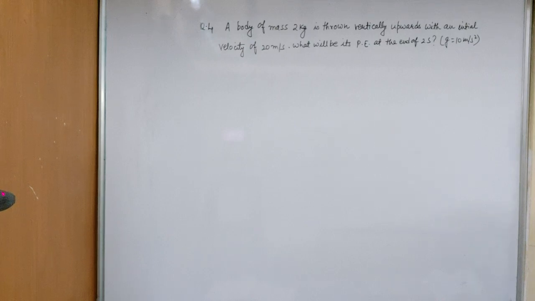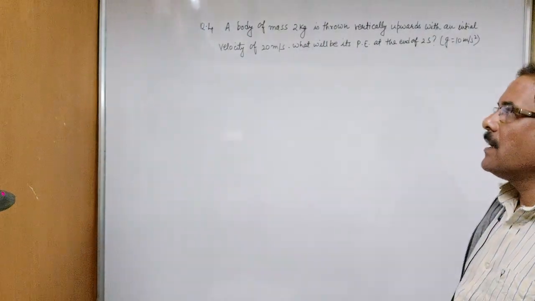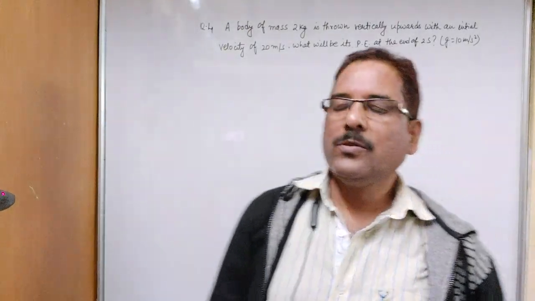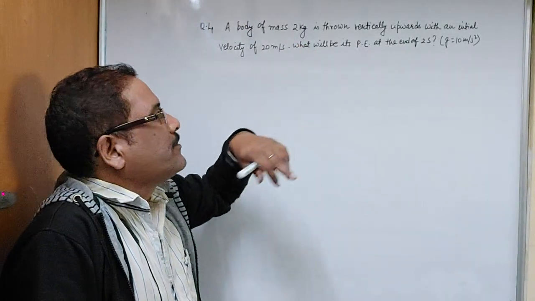So in this question we have to calculate the potential energy. Now to calculate the potential energy, what things are known to you? First, mass of the object, mass is given.